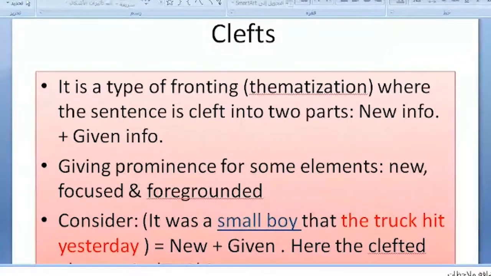In Wh-clefting, the focused element, يعني العنصر المراد التأكيد عليه، المراد التركيز عليه, the focused element lies in the latter half. يقع في النصف الأخير من الجملة. Let us see the following example.